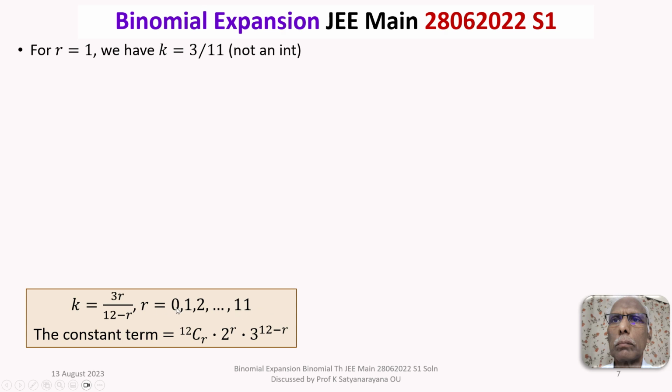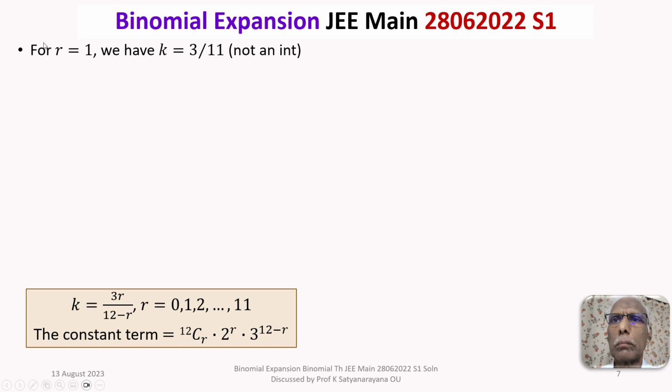Now suppose you take r is equal to 0. Then k will be 0. But we want k as a positive integer. Therefore, r is equal to 0 is not considered.